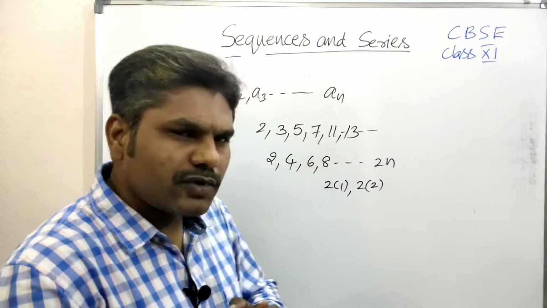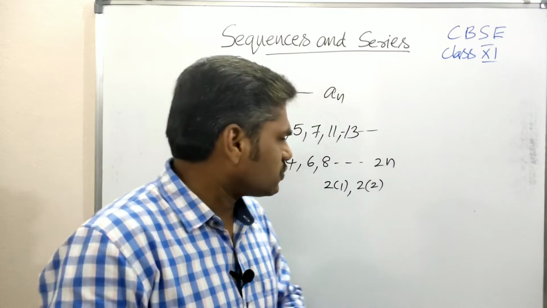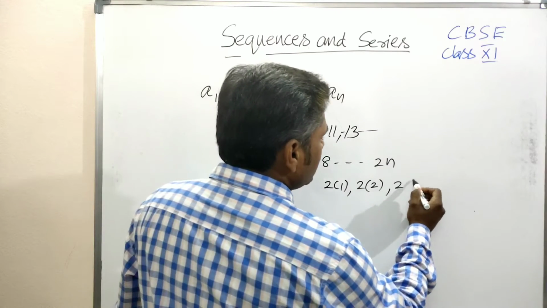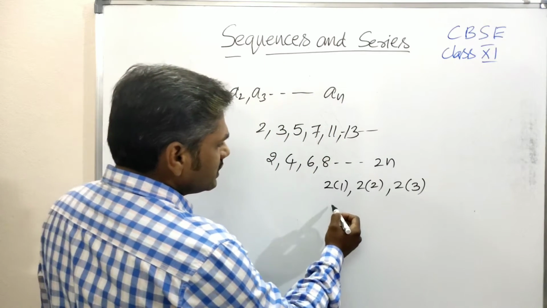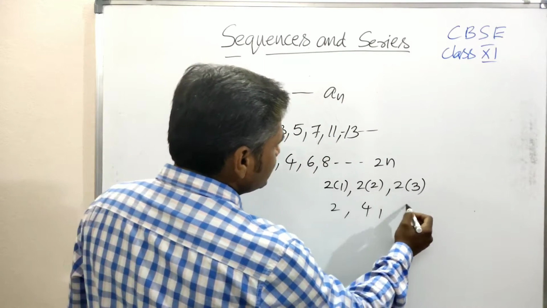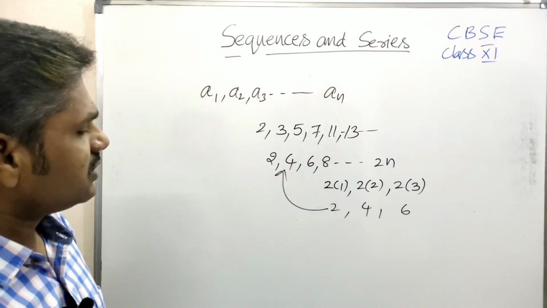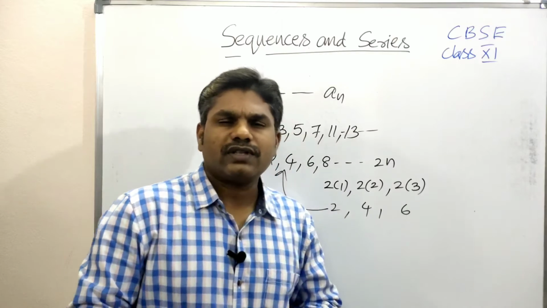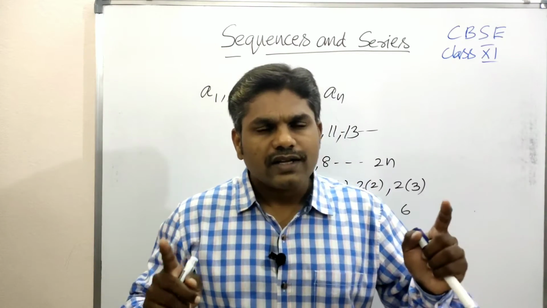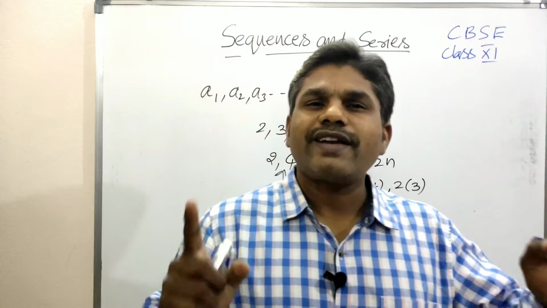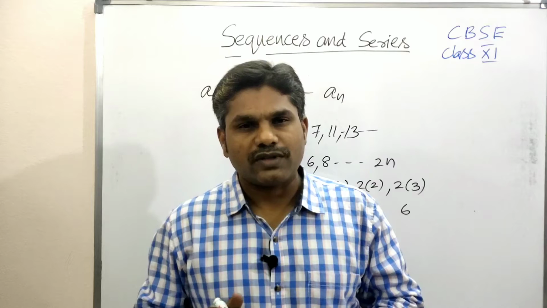If you want to get term number 2, you substitute n equals 2, and similarly if you substitute n equals 3, you get 2, 4, 6. So you are getting all the terms. It's again very simple. A sequence is nothing but an arrangement of numbers and you are in a position to identify the first, second, whatever the term number.